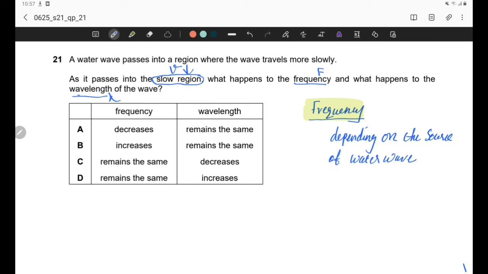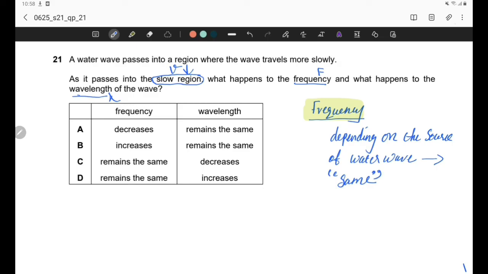It doesn't matter whether the water speed is more or less, it is not going to affect the frequency. So we can conclude that the frequency will remain the same throughout the motion, no matter whether the speed is greater or lesser.